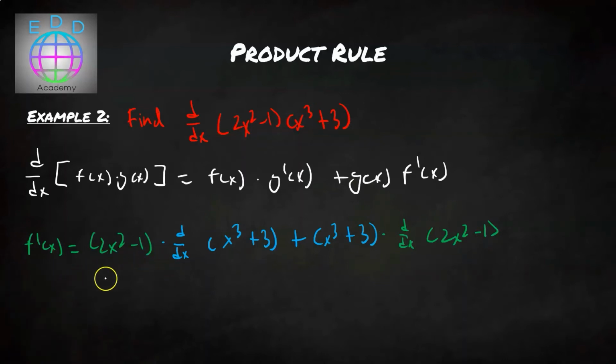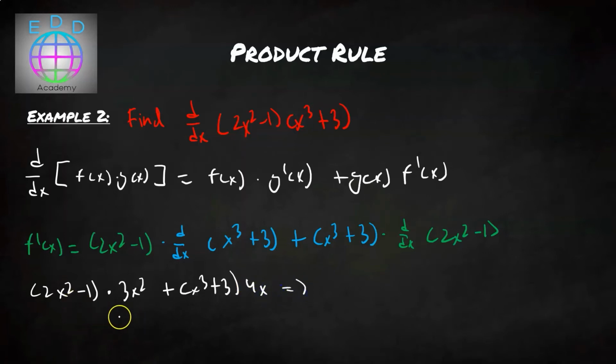If we simplify this, we have 2x squared minus 1 times the derivative of x cubed plus 3. Using the power rule, this is just 3x squared, and then plus x cubed plus 3 times the derivative of 2x squared minus 1, which is just 4x.